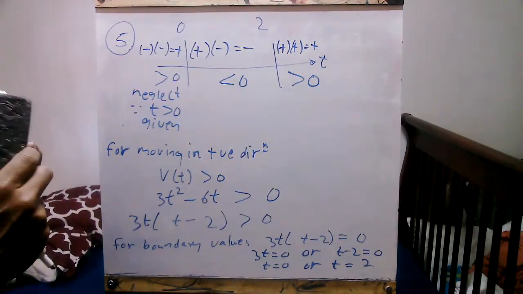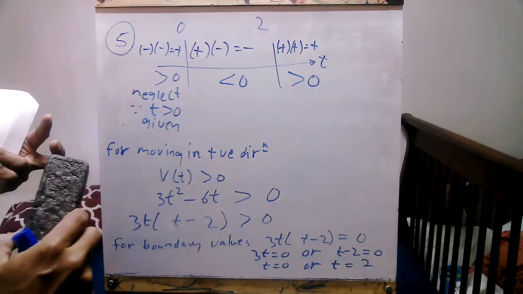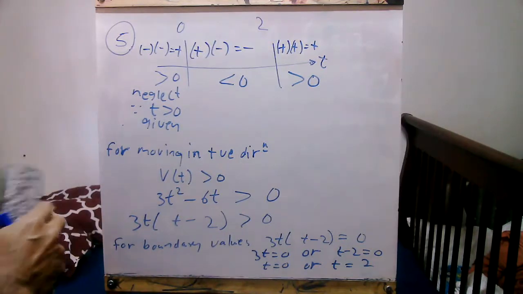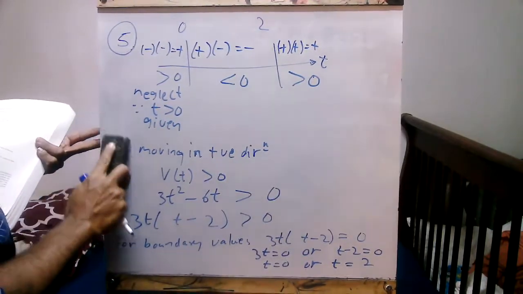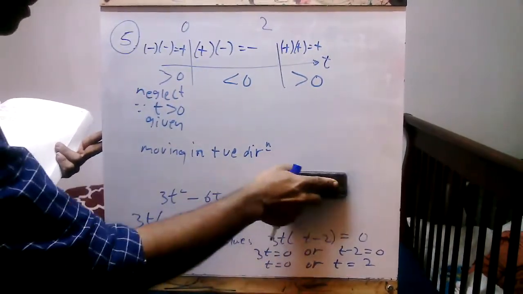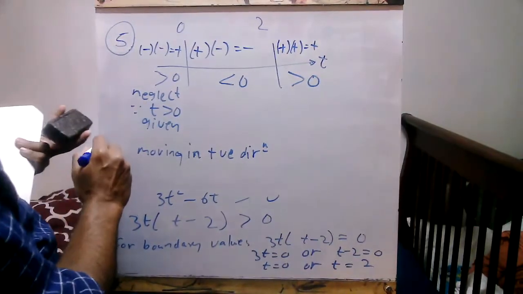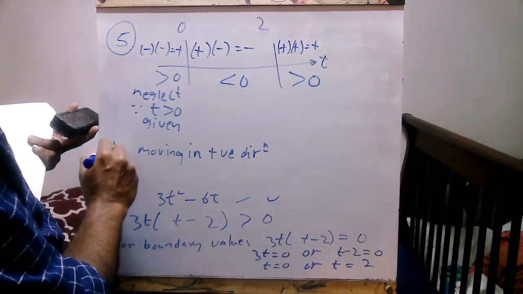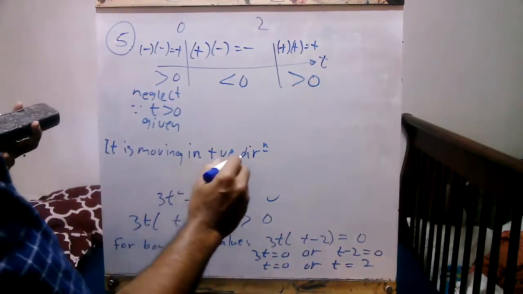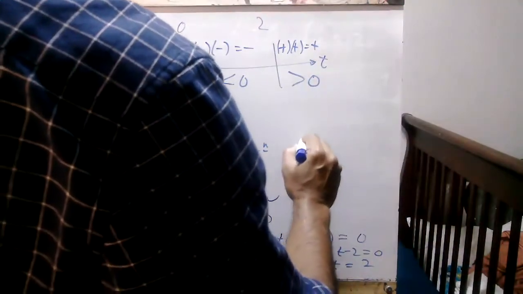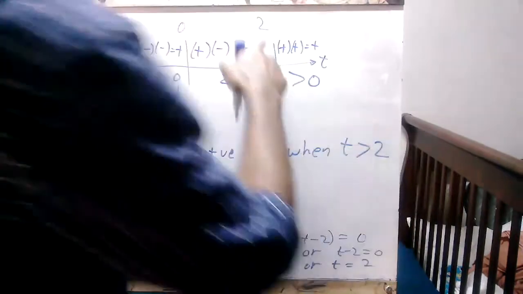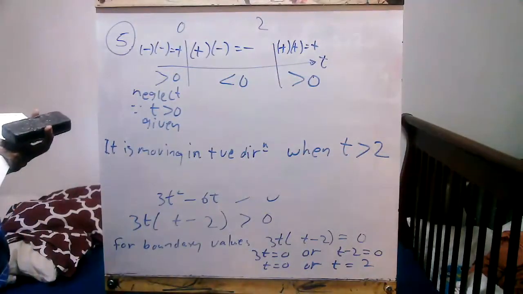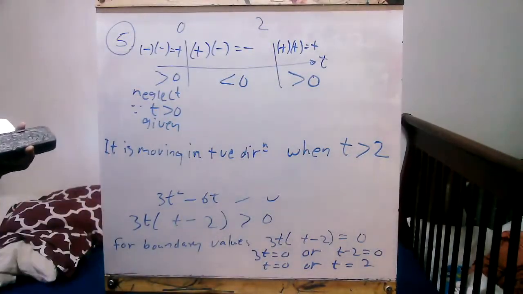Therefore we can say it is moving in the positive direction when t is greater than 2.